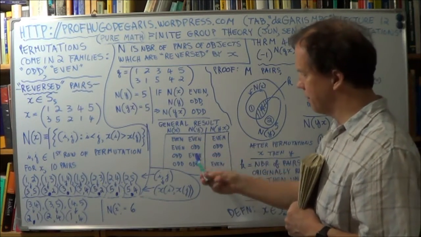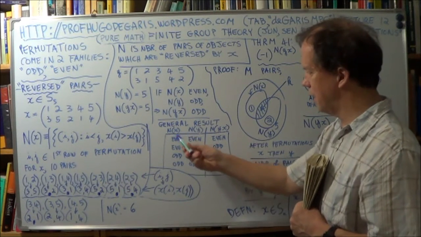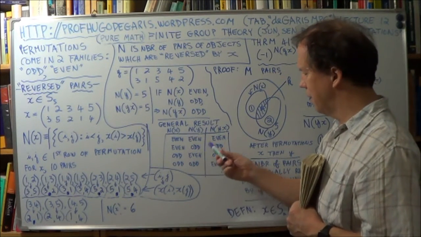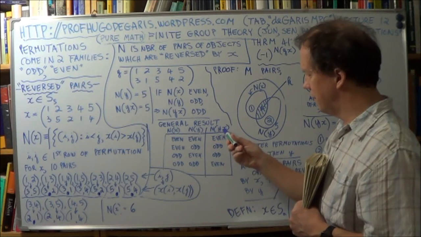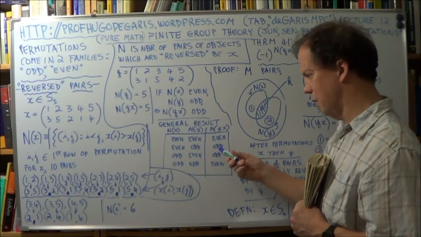And you've got these tables. So if n of x is even and n of y is odd, then n of xy is odd.